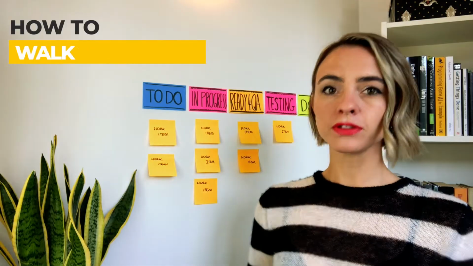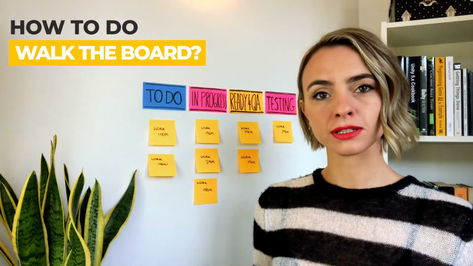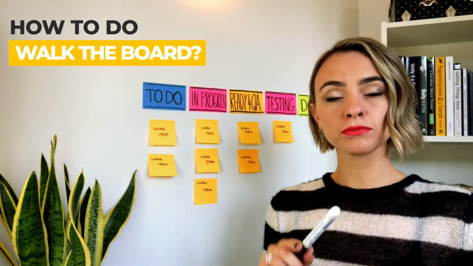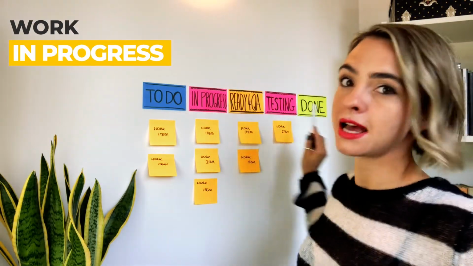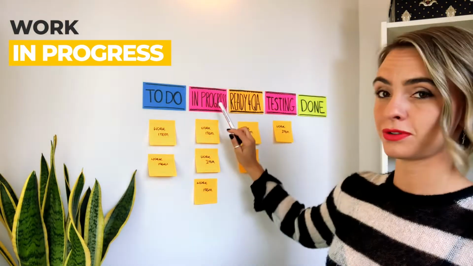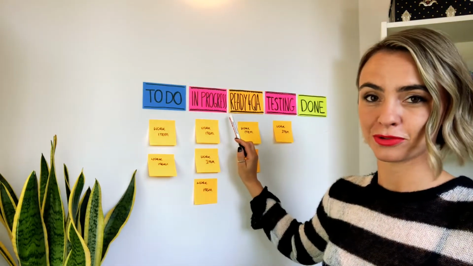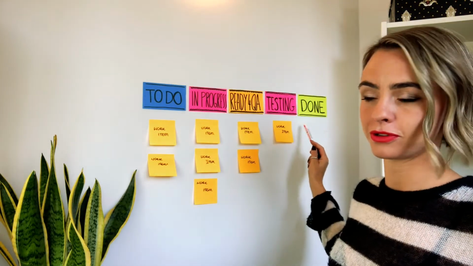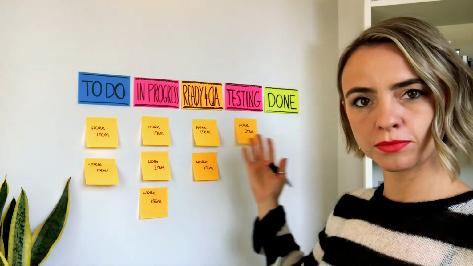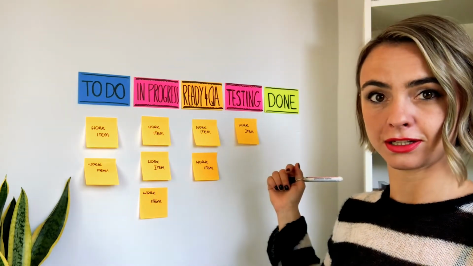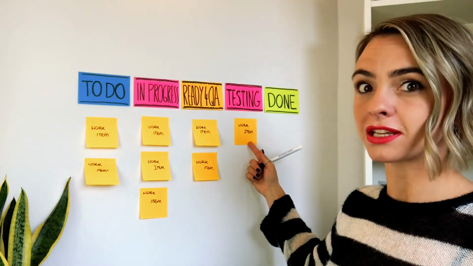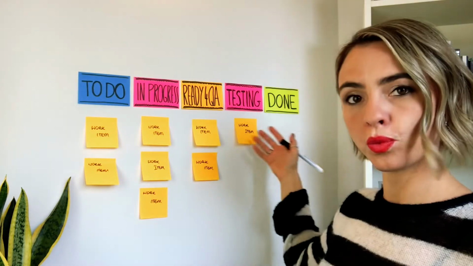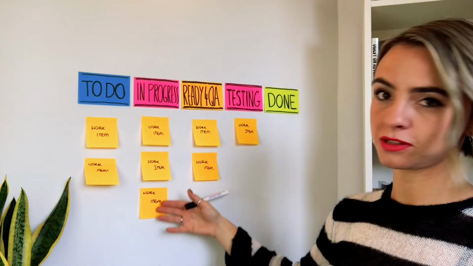Start your daily by reviewing the work you have in progress on your Scrum board. Work in progress is any work that has been started and hasn't been finished. Even though one column says in progress, all of them are in progress until they get done. Walking the board means starting from what's closest to get done and checking if this can be done today and walking towards what has just been started.